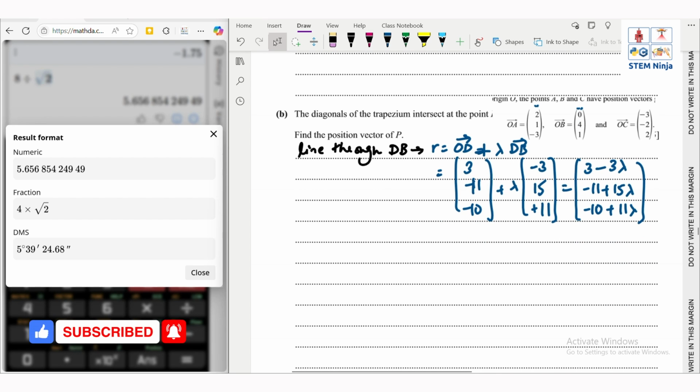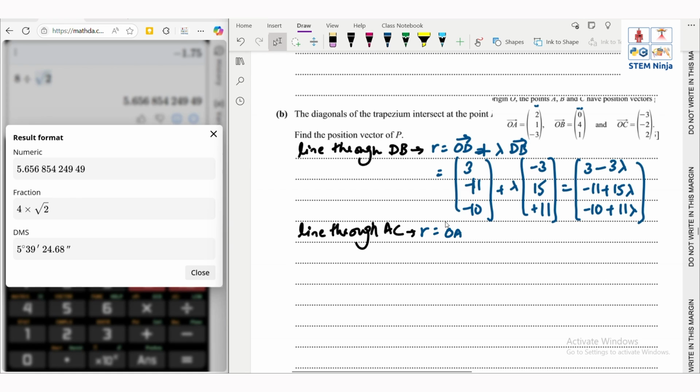Now the line through AC, so that would go OA plus mu AC. So OA is 2, 1 and minus 3.